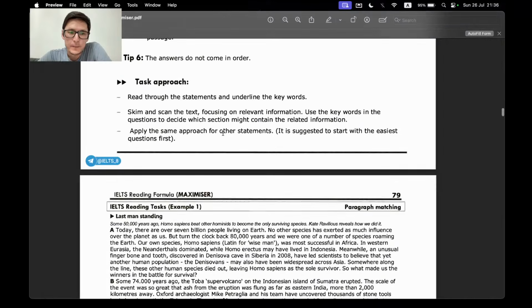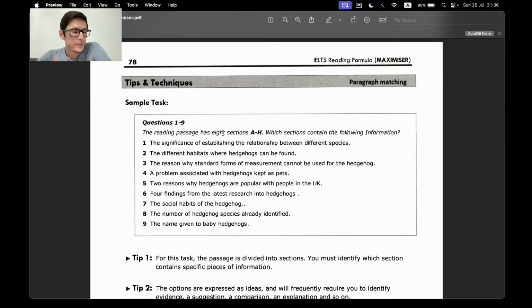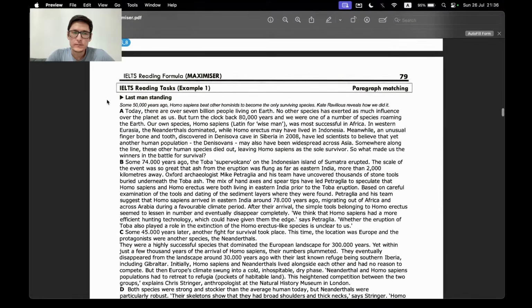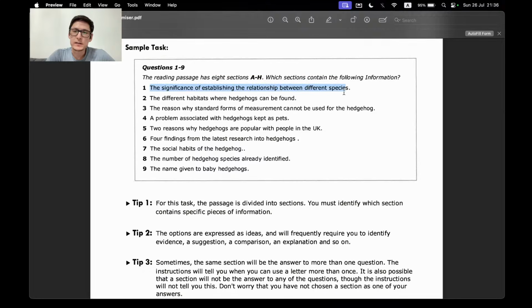So here the approach is you can read this one, find some keywords, and then start reading the text. Usually I do it one after the other. Some questions are repeated, some paragraphs are repeated.